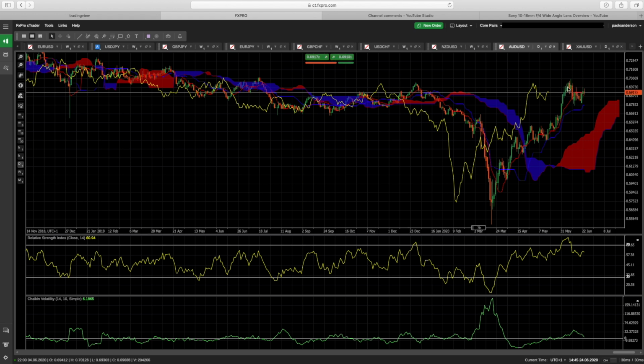As we head later on into the year, I would be expecting this 0.70 level to be tested and broken through, and I'll be expecting us to head north to the 0.75 level before we retrace back.